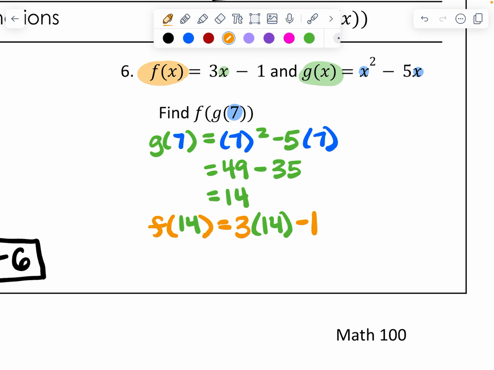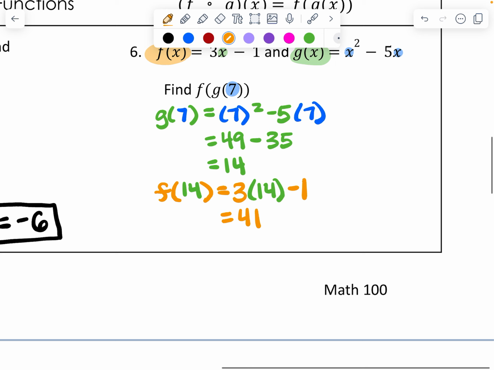So put that whole thing into your calculator, and that equals 41. So f of g of 7 equals 41.